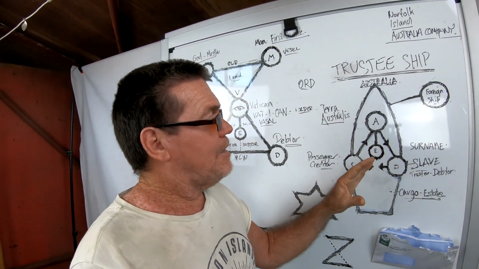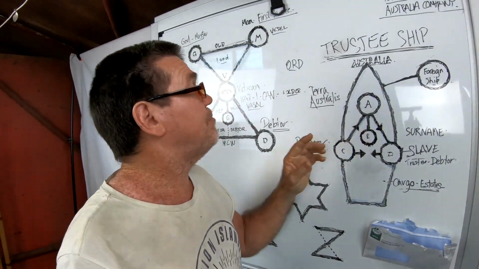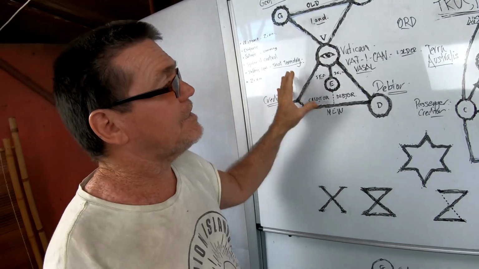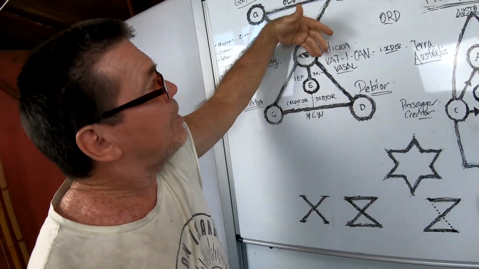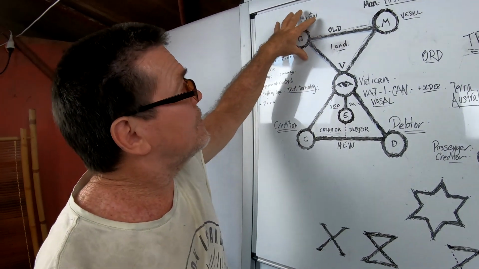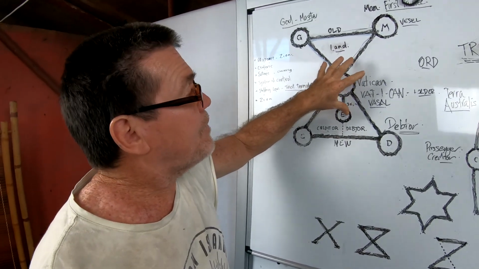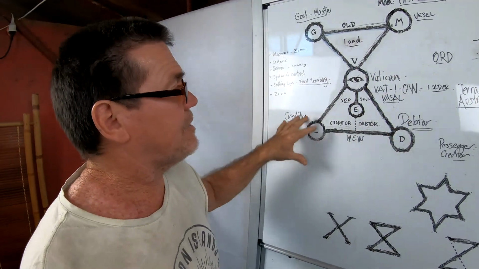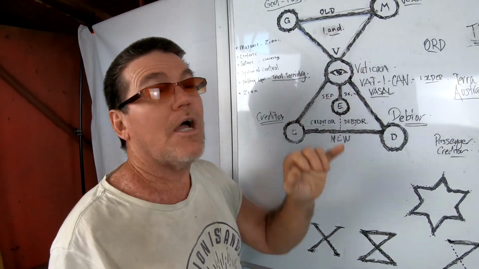And what's really basically happened in this ship system, which is this system here, you'll find that this first contract, which is the Old Testament, is God, man, and the Vatican. Then the second part of this system is where the Vatican turns around and says, well, you know what?